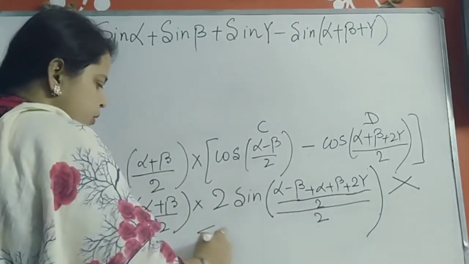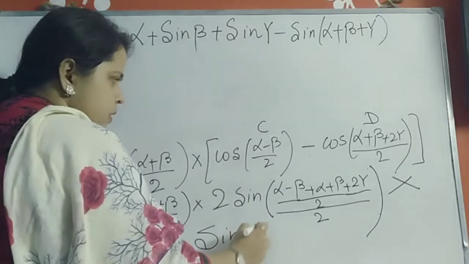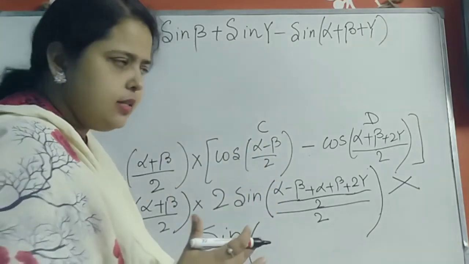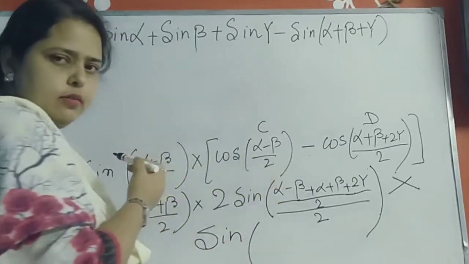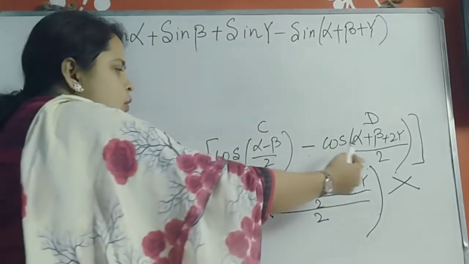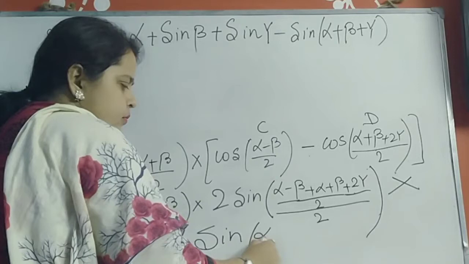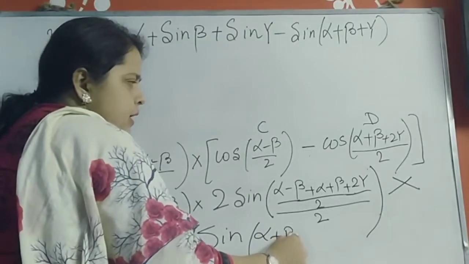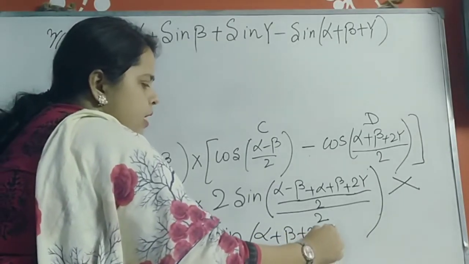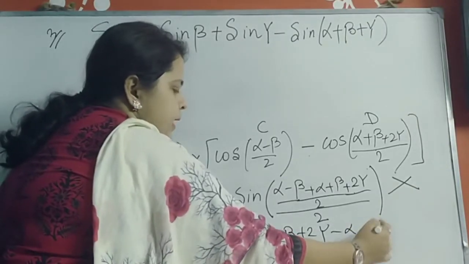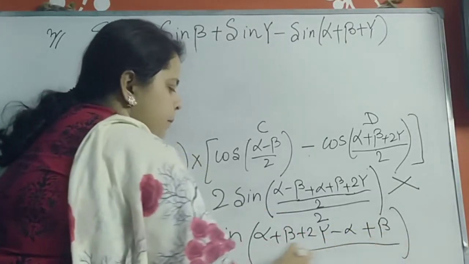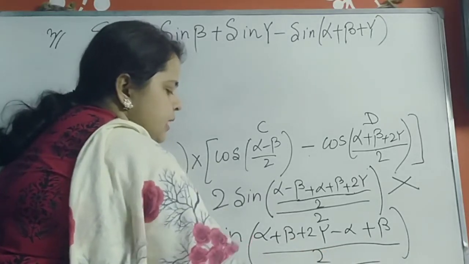So I'm going to write down here. So when it is D minus C, this is minus to this is. Okay. So in that case, alpha plus beta plus 2 gamma minus alpha plus beta by 2, again the same thing.